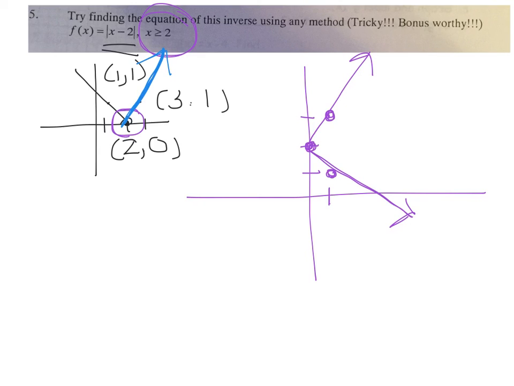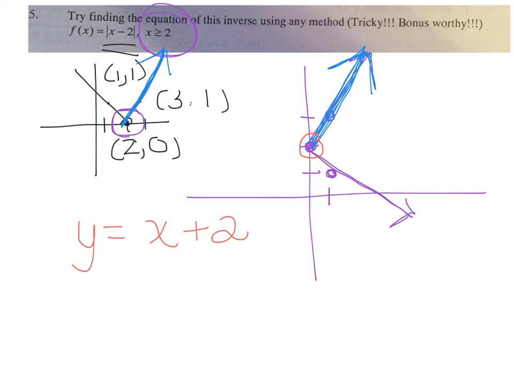Well, if you only want that piece, then that means I never should have graphed this (1, 1) side. I only should have graphed this side. And this blue thing that I just colored in is just a line. And I know that you can write the equation of a line. So the equation of this line has a y-intercept of 2 and a slope of 1. So I would say that y equals, my slope is 1, so x plus 2.